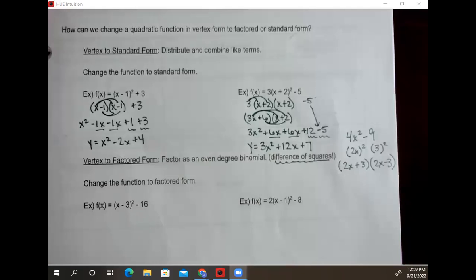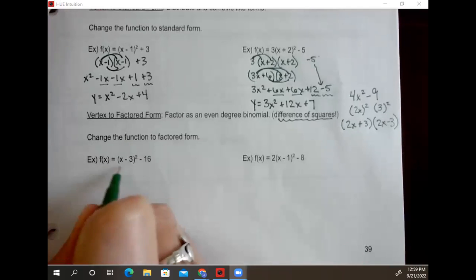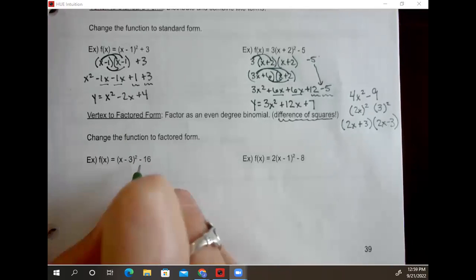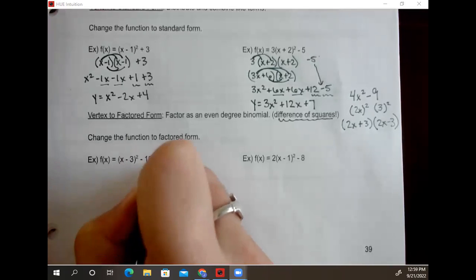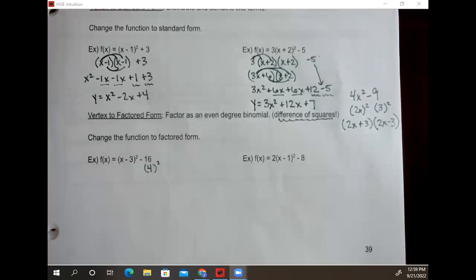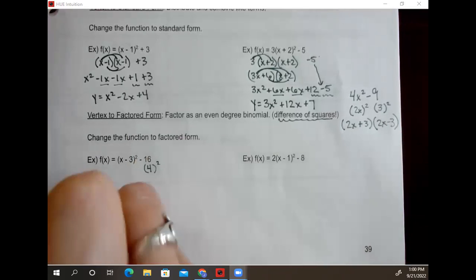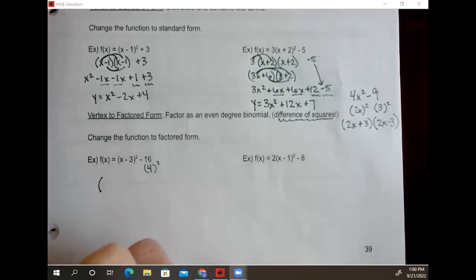These vertex form problems are really kind of set up like a difference of squares, right? I've got something squared here. It's already written as something squared. Minus 16 would be 4 squared. So I'm going to use this same pattern from our difference of squares factoring to be able to change this into factored form.